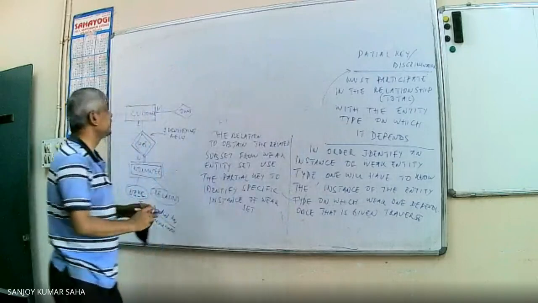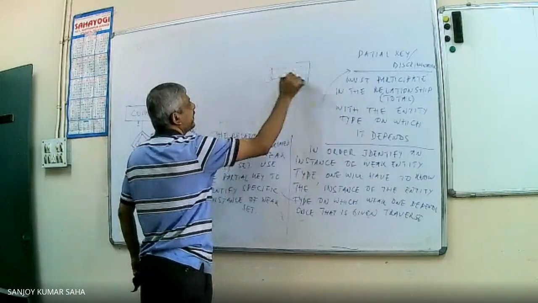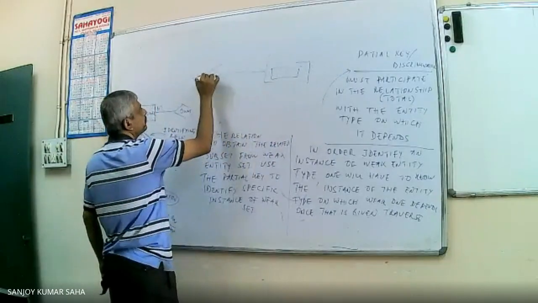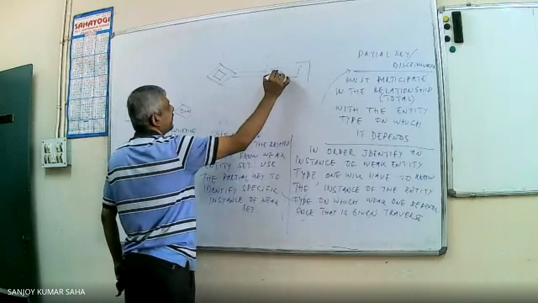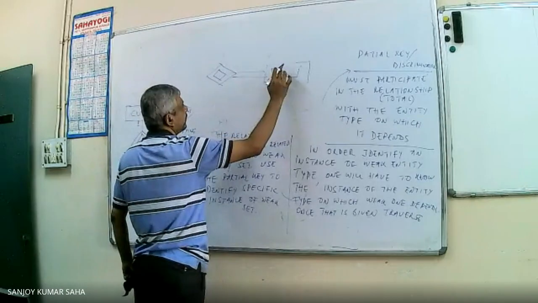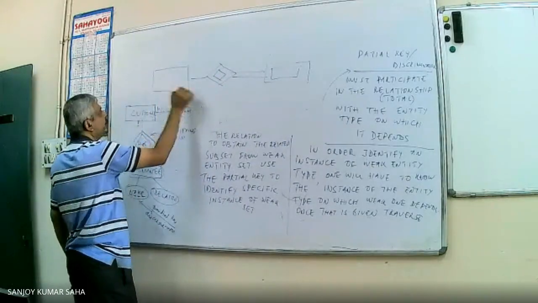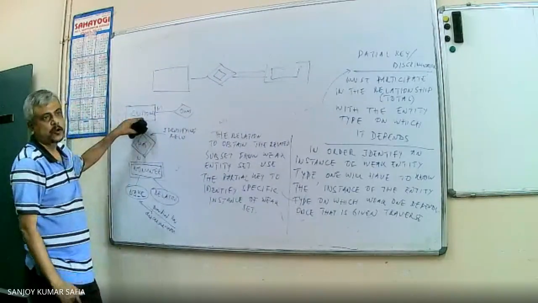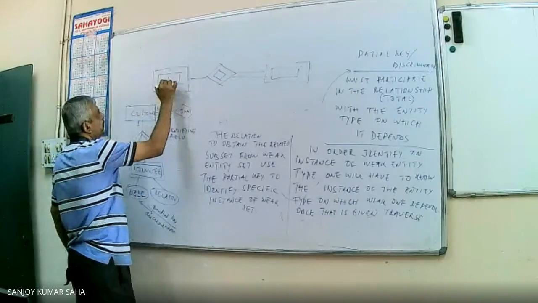Now it's not necessarily that a weak entity type takes part in the identifying relation with one on which it depends being a strong one. It itself may be a weak one also.